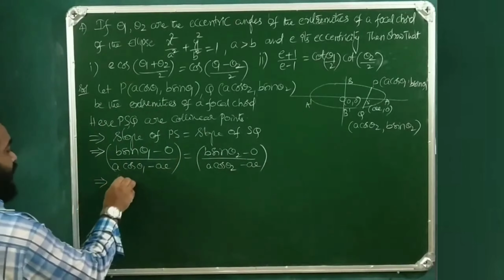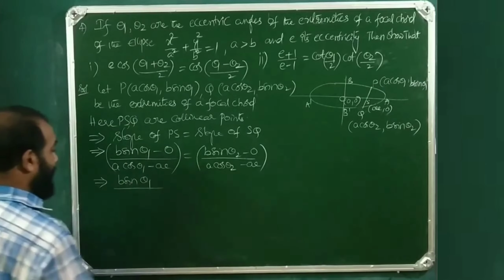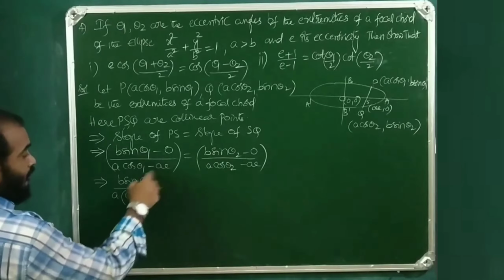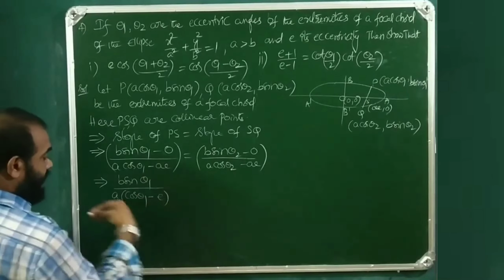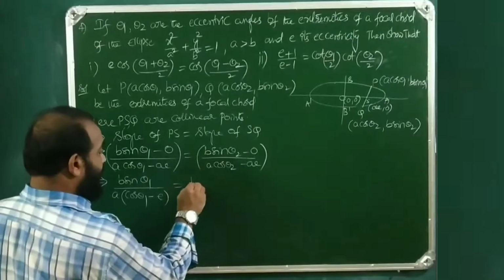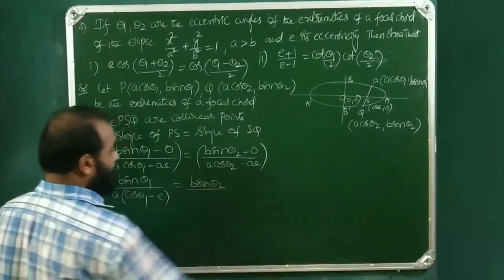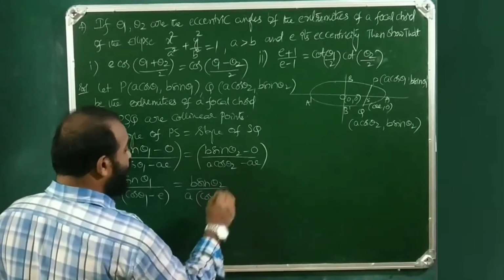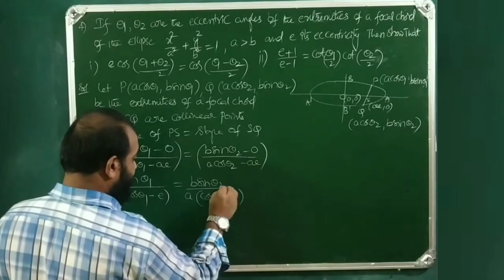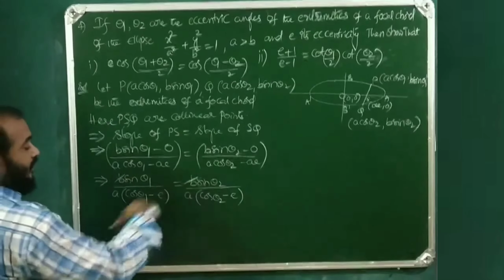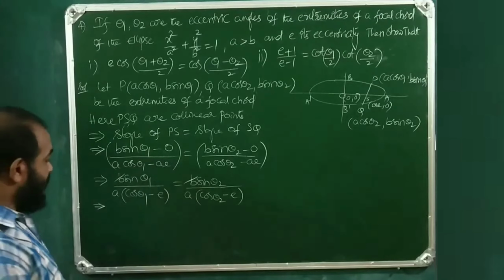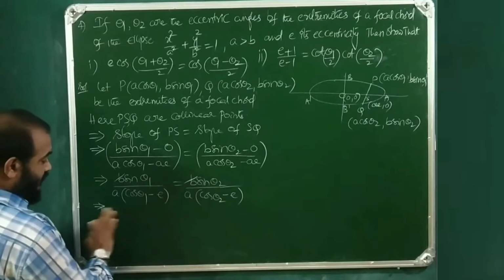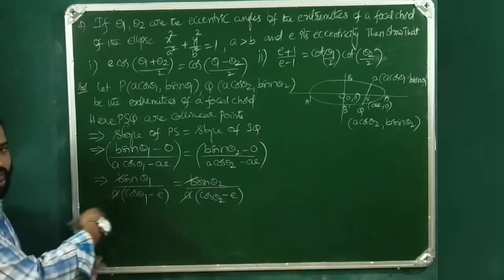So this is equal to b sin theta 1 by, if you take a as common, cos theta 1 minus e. This is equal to b sin theta 2 by, taking a in common, cos theta 2 minus e. So here b gets cancelled, and a also gets cancelled on both sides.